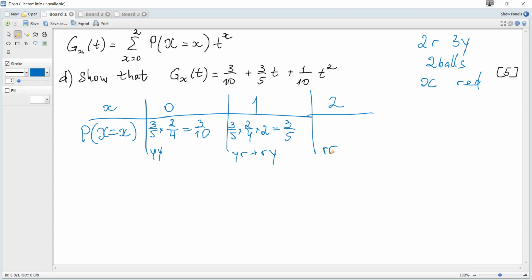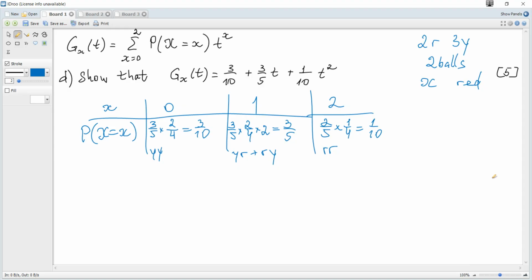And red red is 2/5 times 1/4, which is 1/10. Let's check. 3/10 plus 6/10 plus 1/10 is 10/10, it's 1, as it should be, because it's the total probability, it must be 1.